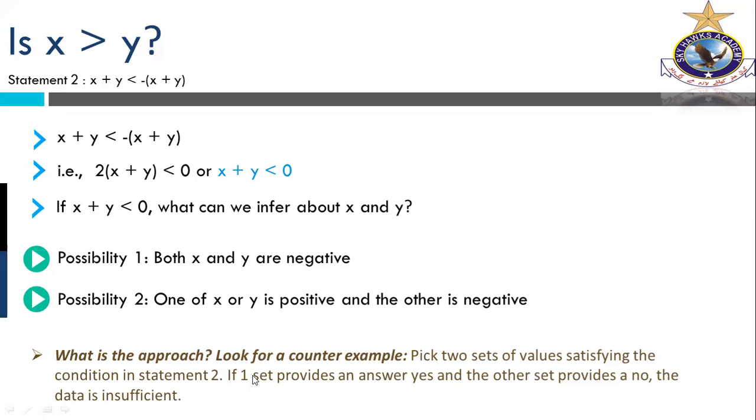Look for a counterexample. Pick two sets of values satisfying the condition in statement 2. If one set provides an answer yes, and the other set provides an answer no, the data is insufficient.